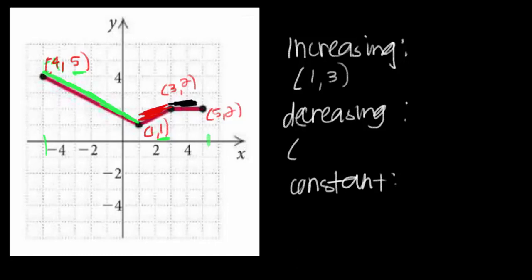And then we decrease from the x value of -4 to the x value of 1, that green part. And then we're constant from the x value of 3 to the x value of 5.